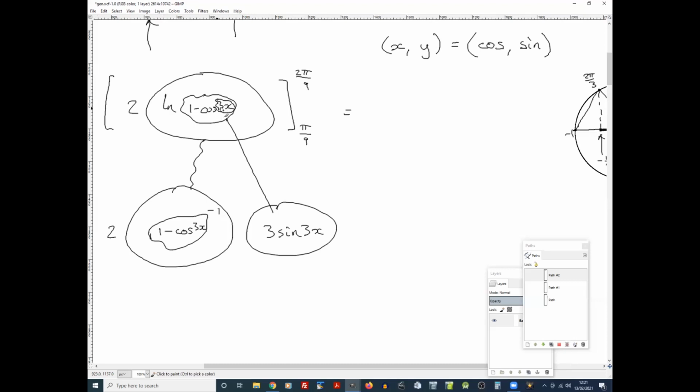I think you're thinking some of the right things there. It might be that you're writing it correctly, I don't know. Have another go telling me. I mean, 3x is 2 pi over 3, isn't it? Yeah. So cos 3x is cos of 2 pi over 3, which is cos of 11 o'clock.